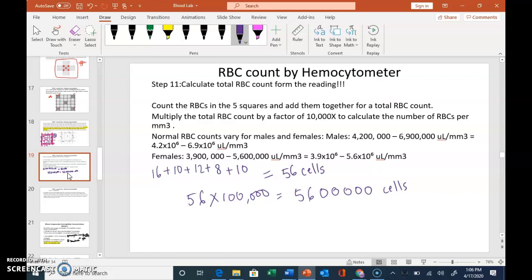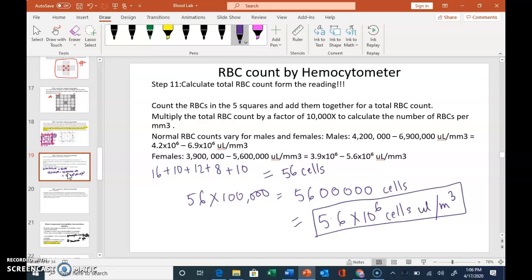You express this as 5.6 times 10 to the power 6 cells per microliter, per cubic millimeter of blood. This is how we end up writing the actual cell number.